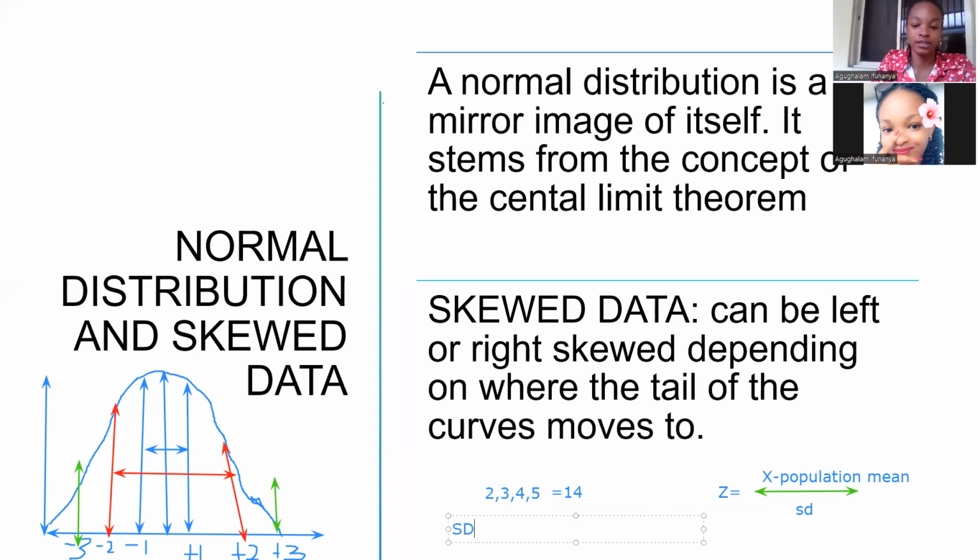So our SD is equal to 9.4. Remember, the formula for SD is the square root of the summation of x minus the mean, all squared, all over n, the size of the population. So to get my z-score, I do 2 minus 14, which is minus 12, all over 9.4, which gives me minus 1.27.